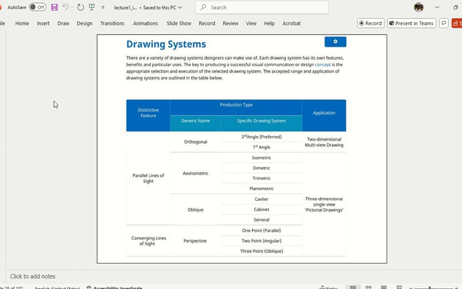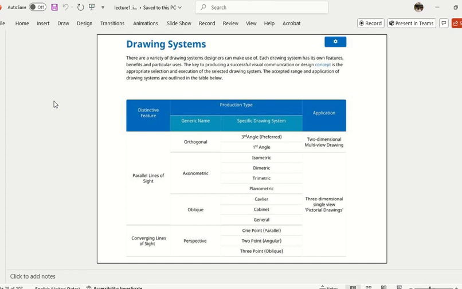2D is drawn using orthogonal views. The style for making 2D drawings is called an orthogonal system. In the orthogonal system, there are two ways to make the 2D drawings. They are not ways, they are just arrangements, two different arrangements. So 2D drawings can be arranged as third angle or first angle. I will show you these things.